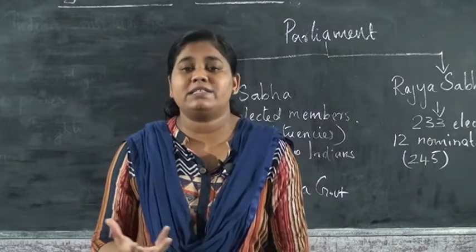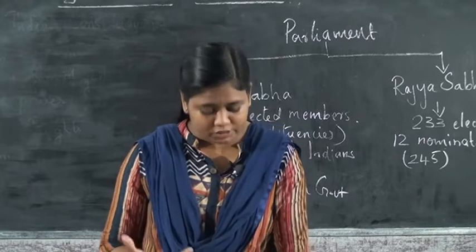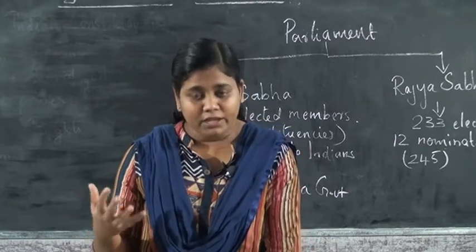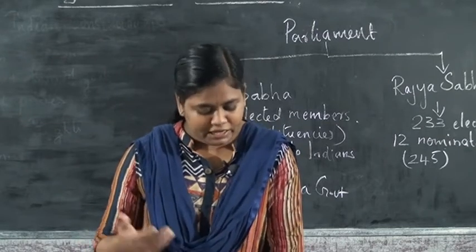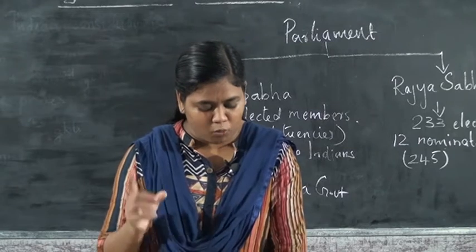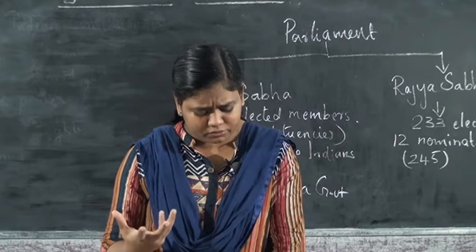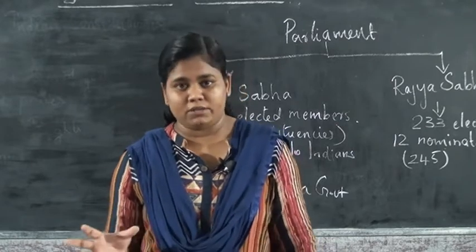We also discussed in our earlier class that our country is divided into numerous constituencies, and we see the maps on page number 41. Each of these constituencies elects one person to the parliament. The candidates who contest elections usually belong to different political parties.